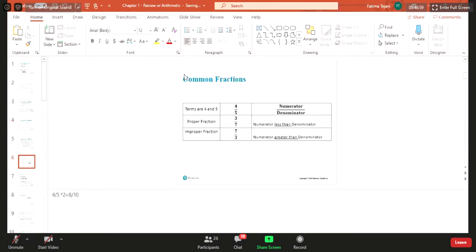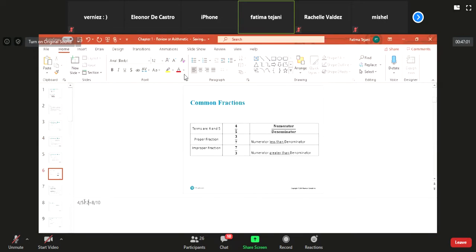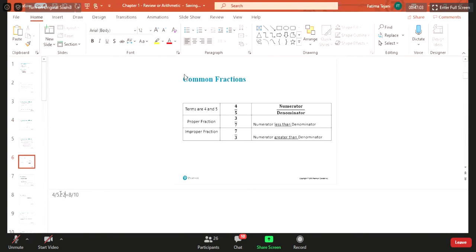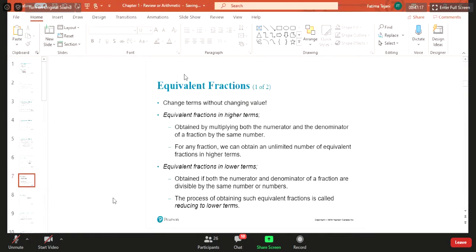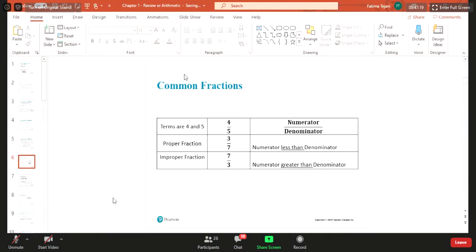I'll show you in the further slides, but I'm trying to explain that if you multiply 4 times 2 and 5 times 2, it will come to a higher value. Further, if you multiply by 1 more, it will come to an even higher value, and then you can reduce it to the lowest. So that's where you multiply with the common value to bring it up to the highest value. That's changing the term without changing the value. You change this term to 8 by 10, but the value does not change; ultimately it will remain as 4 by 5 when you reduce it to the lowest.